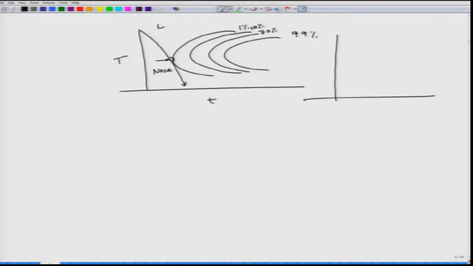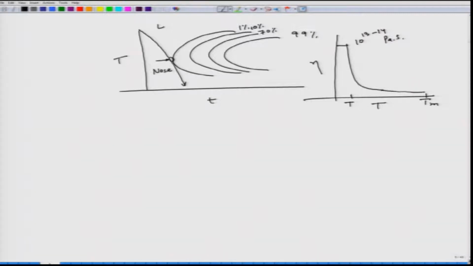But at a certain point, for example, if I try to plot viscosity as a function of temperature, and if this is my Tm, initially the viscosity increase would be sluggish, and suddenly close to a certain temperature it jumps and reaches a viscosity of 10 to the power 13 to 14 Pascal second.